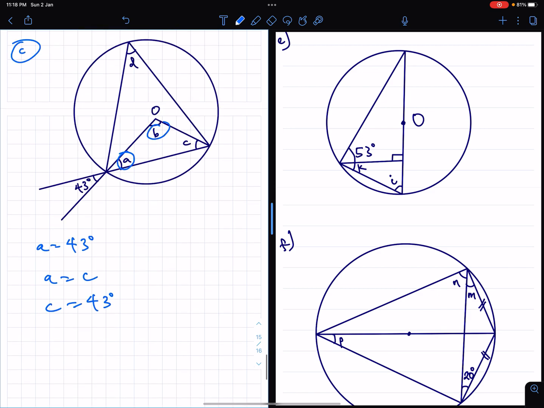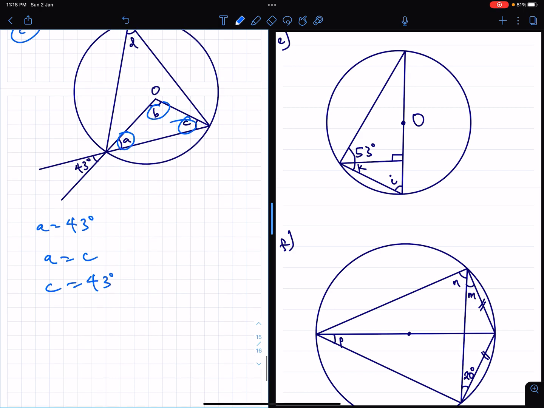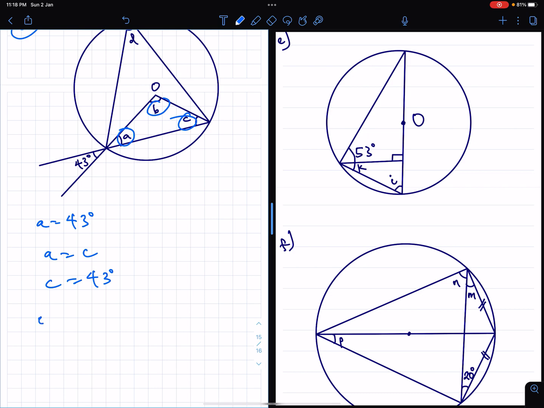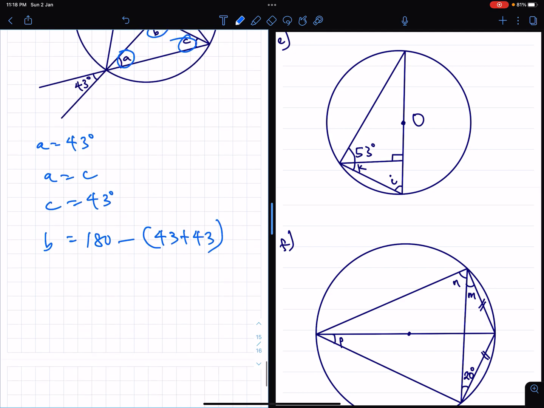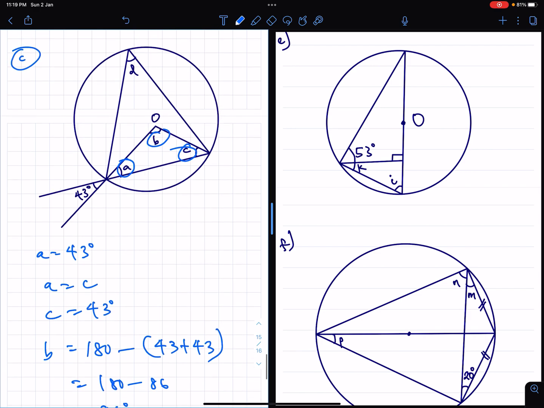So B is the same as 180 minus the sum of A and C, which means 180 minus (43 plus 43), and that's 180 minus 86. That's 94 degrees. Angle B is 94 degrees.